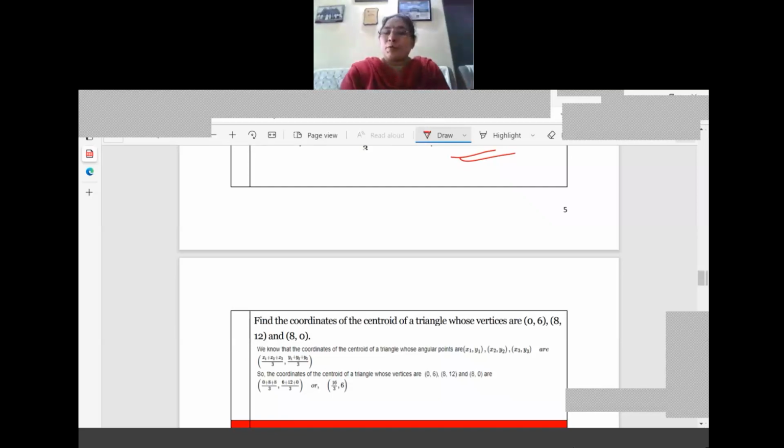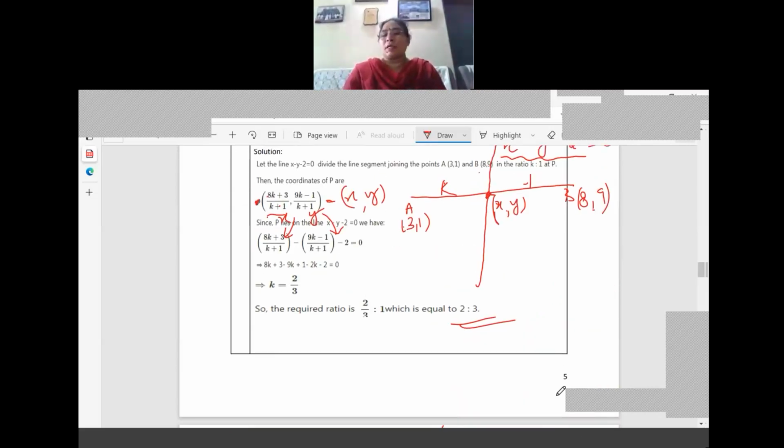So the centroid formula you must remember. You should add one more formula here. For a triangle, the centroid is x1 plus x2 plus x3 whole divided by 3, and similarly y1 plus y2 plus y3 whole divided by 3. So nothing to worry about in this question.